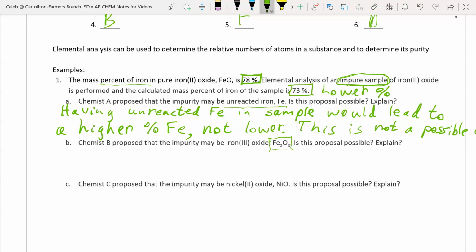So the ratio of Fe to O in FeO is 1-to-1, or if we wanted a common multiple, we could say it's 2-to-2.